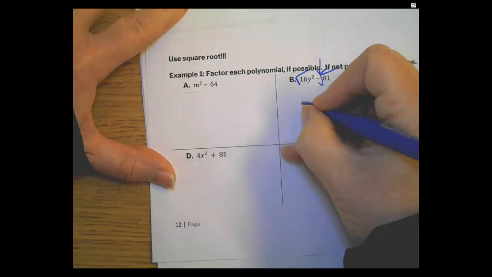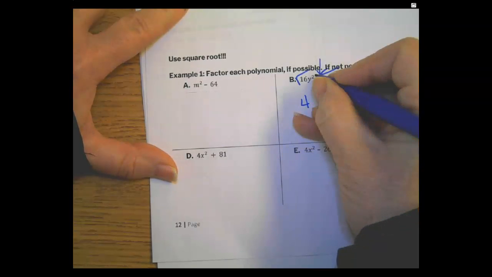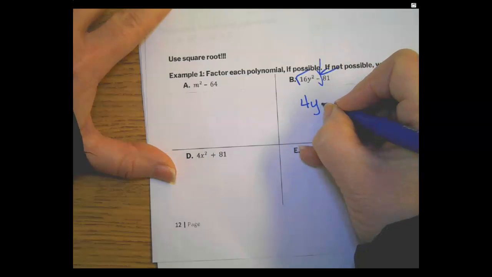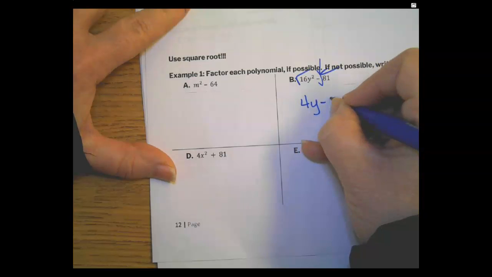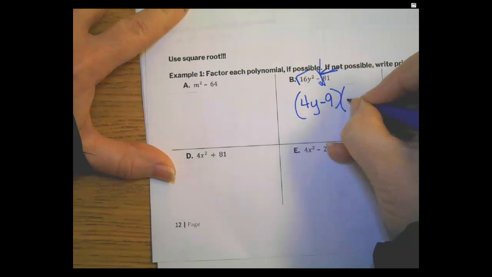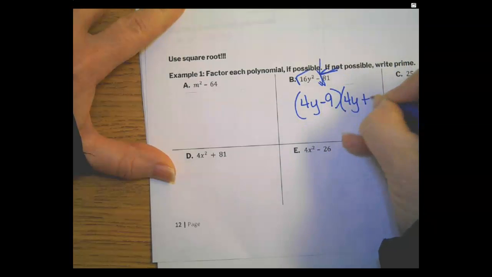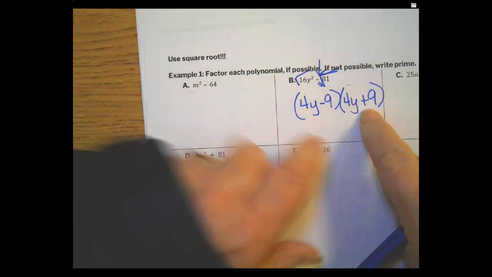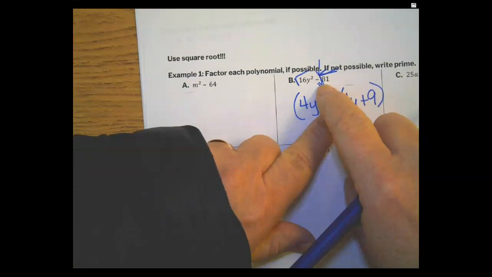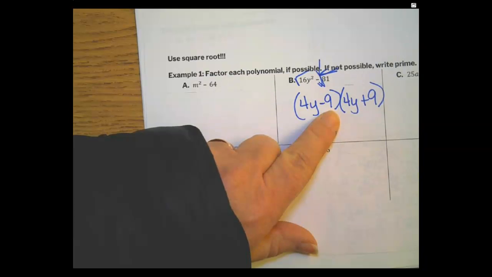So the square root of 16 is 4. The square root of y squared is y. Minus 9, the square root of 81. And then 4y plus 9. And the reason why you can remember this is a plus and a minus is because this times this equals a negative 81. Okay.